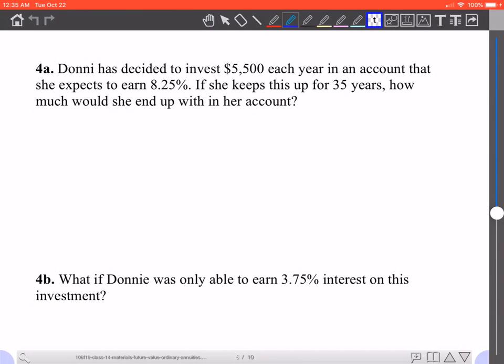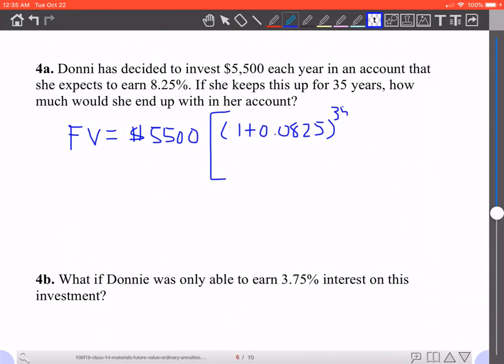So we want to know what the future value of $5,500 in payments a year, 8.25%, 35 years, growth factor minus 1, divided by the interest rate. Again, interest rate as a decimal.